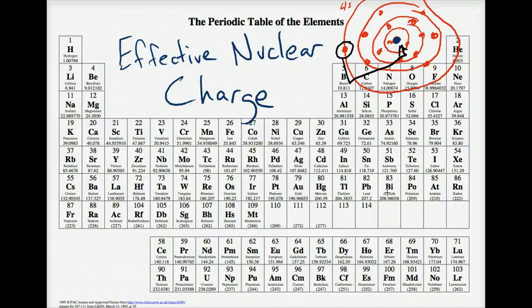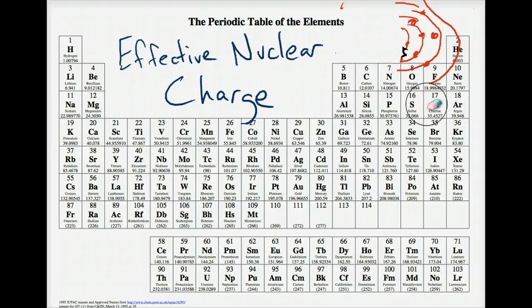Another way of looking at it is that there's an attraction here, but what about electron to electron experiences? The forces that are being had here are going to be repulsion. So not only do we have a light attraction to the nucleus, but we're also being repelled by all of the other electrons.